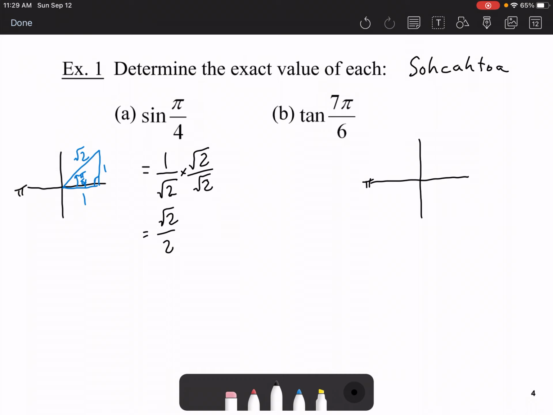Again, pi is over here. This is 7/6 of pi, which is just a little bit bigger than pi. So this angle, I'm going to list as 7 pi over 6.